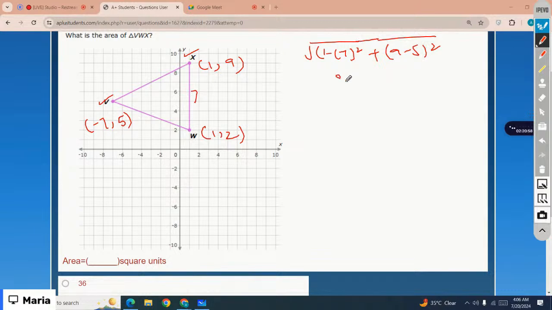That is 8 square and that is 4 square. 8 square is 64. Okay, so square root of 72 equals 8.4, right?